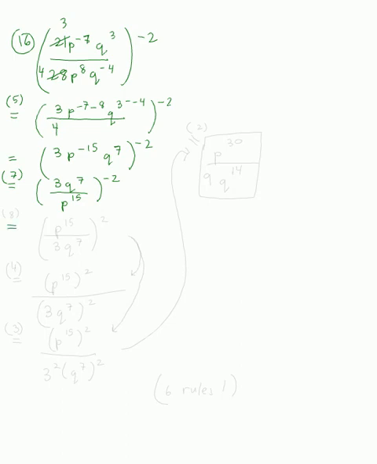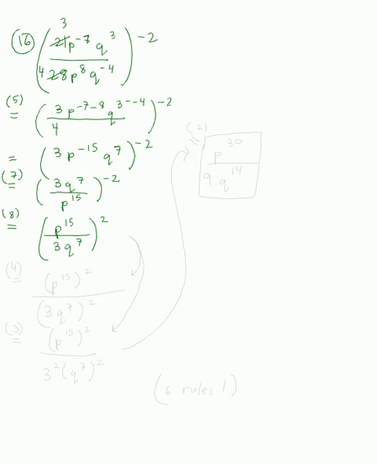Now what? Well, now I'm going to deal with that power on the outside, since the inside is fully simplified. So, we have a quotient or a fraction to a negative power. That's exactly rule number 8. So by rule 8, I flip the fraction and it's now raised to the positive power.